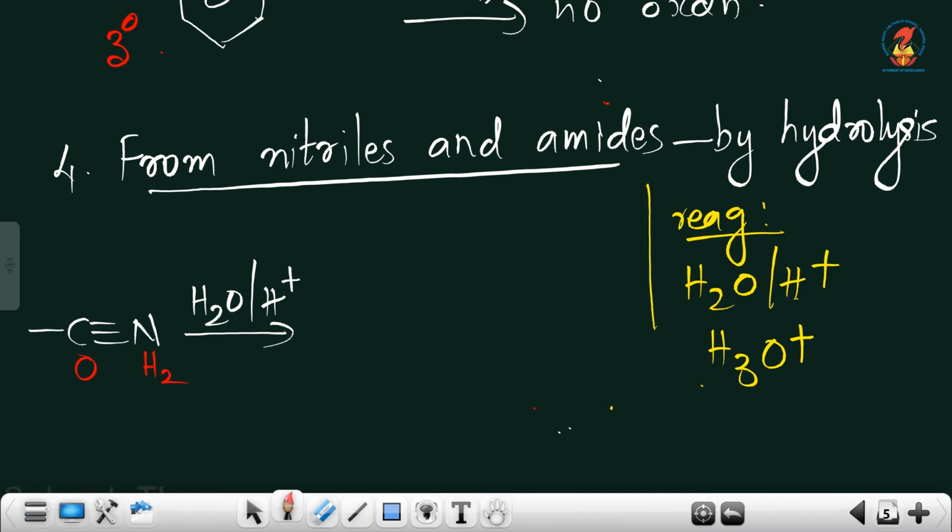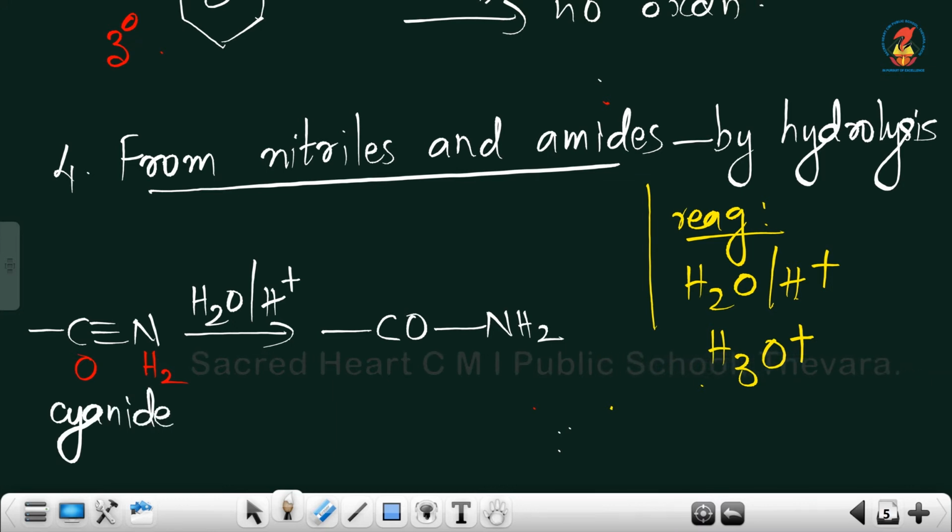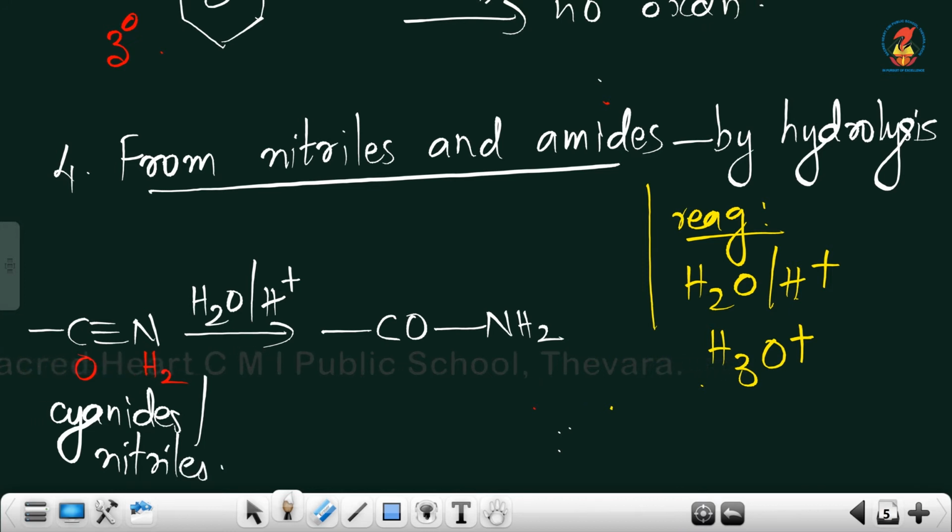After addition, the triple bond will become a single bond. So the product here is free valence C, where C becomes CO and N becomes NH2. So cyanides or nitriles are hydrolyzed to CONH2 groups, known as amides.